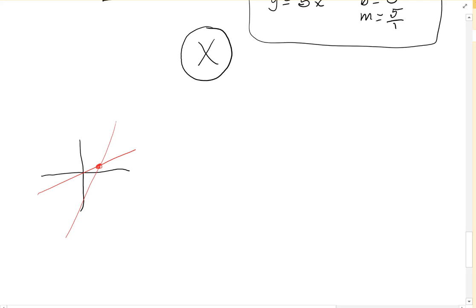And when you have that, because you have a solution, they are consistent. These are just descriptive words. They are consistent, and they are independent because they are different lines. Consistent means has a solution. Independent means they are different lines.